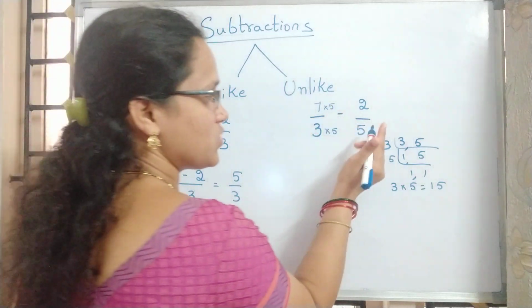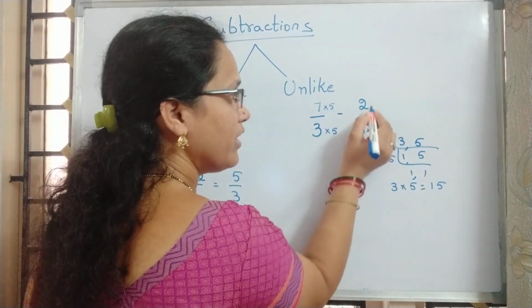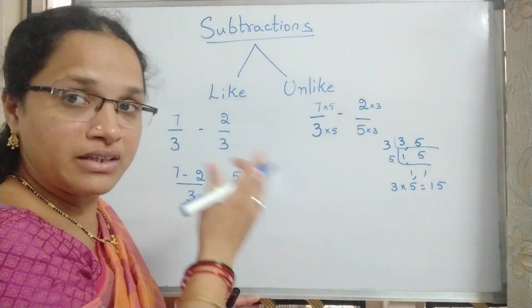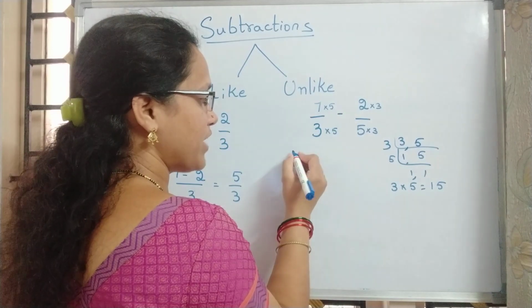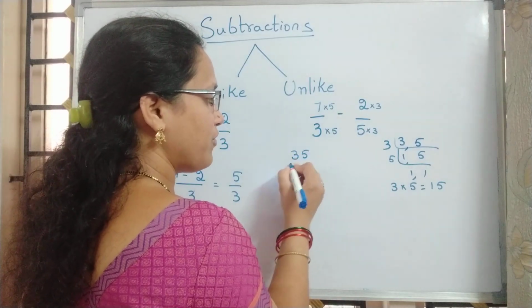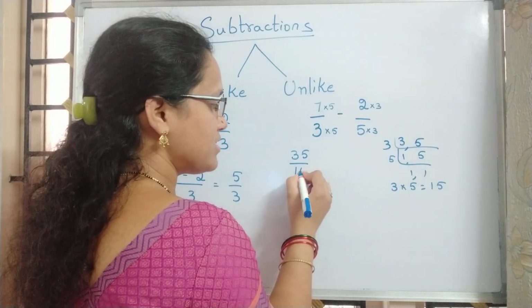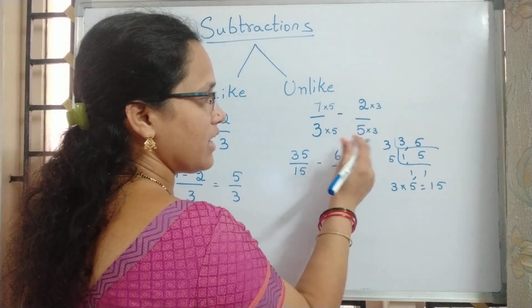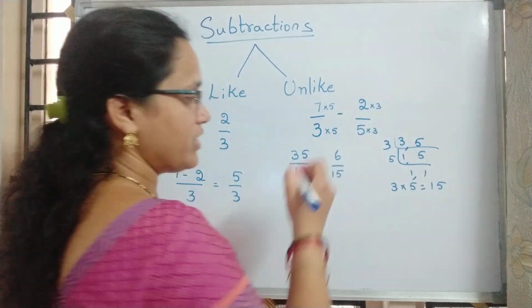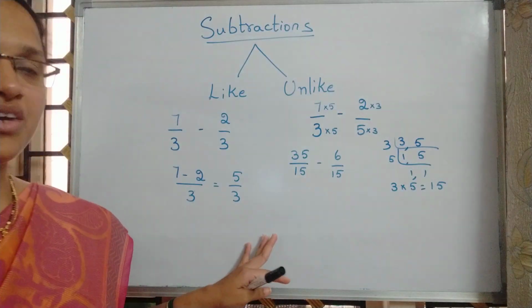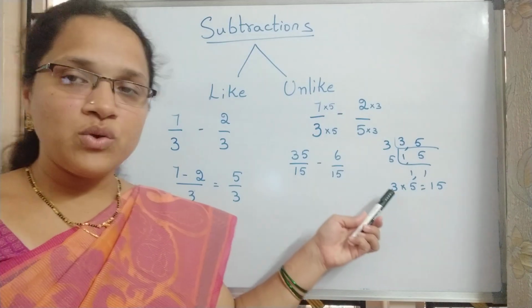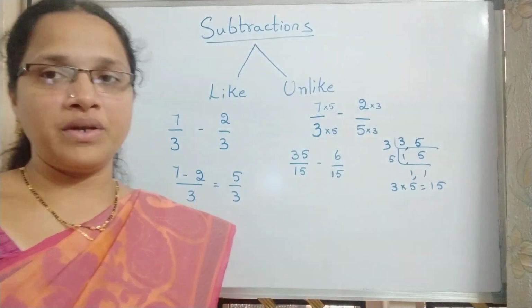Next, this one into 3 and then into 3. Now write the fraction first and then we will do the subtraction. 7 fives are 35 by 3 fives are 15, minus 3 twos are 6 and 5 threes are 15. Now we have converted the unlike fractions into like fractions by finding the LCM of the denominators.